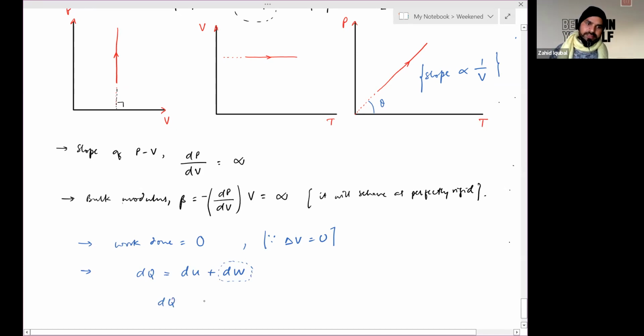So heat equals to change in internal energy, which equals n C delta T, or n R dT divided by gamma minus 1.